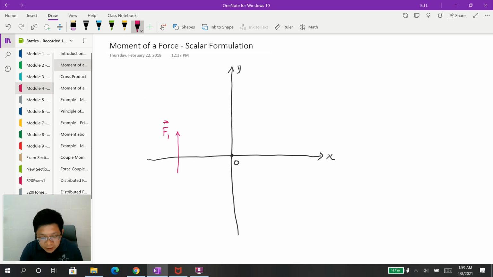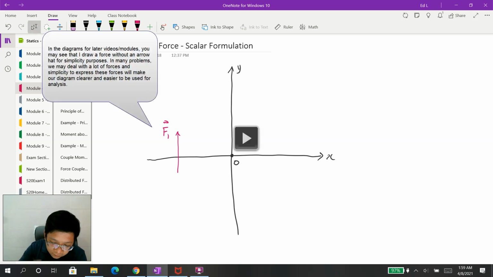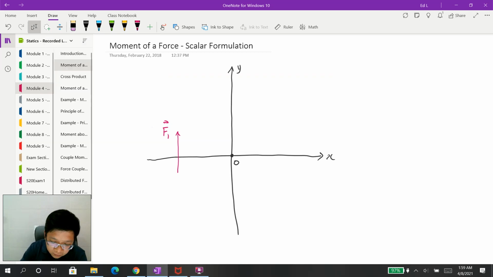We put an arrowhead there to notify that the force is a vector. Even though we are talking about the scalar formulation, in this diagram the force is drawn as a vector.